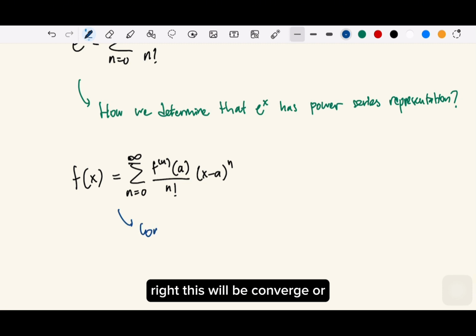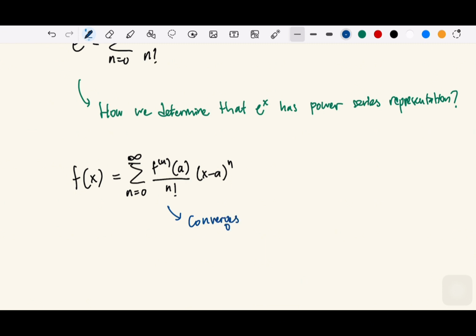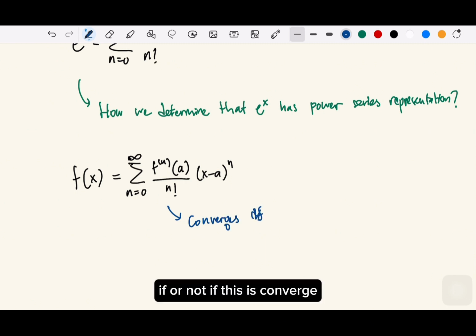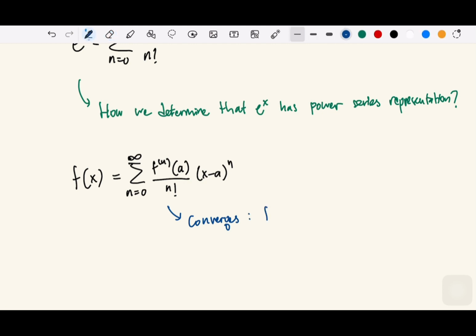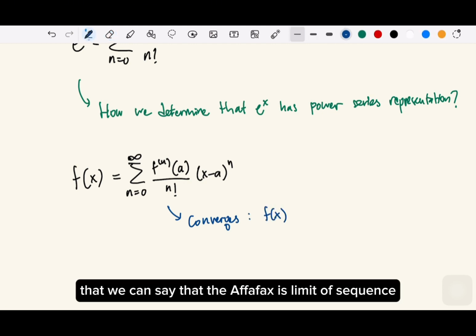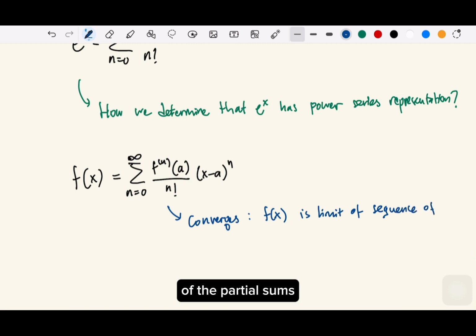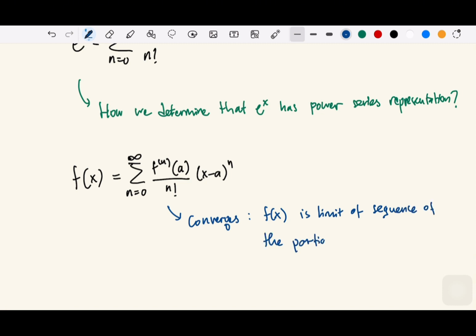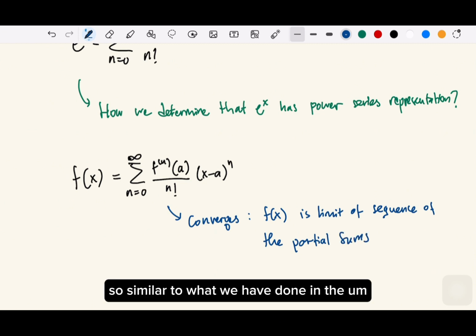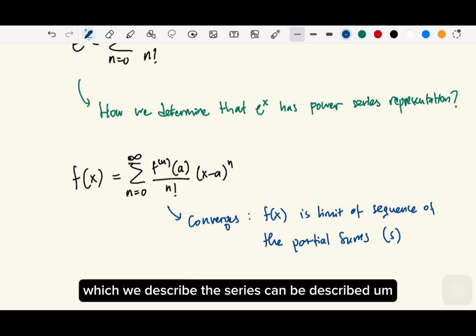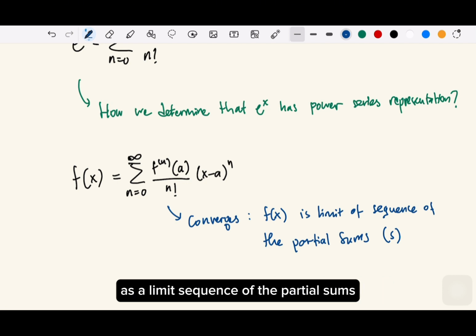The series will converge, and then we can say that f of x is the limit of the sequence of the partial sums. So similar to what we have done in the previous sections, the series can be described as the limit of a sequence of the partial sums.